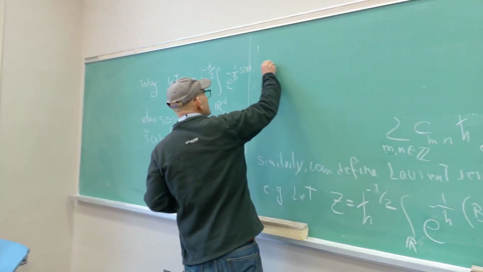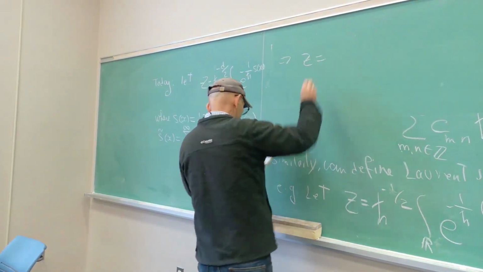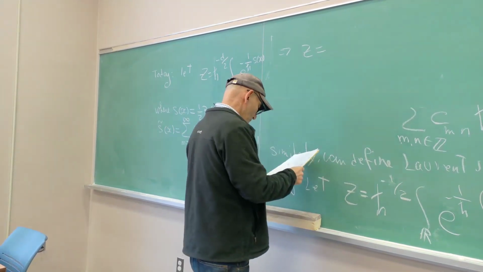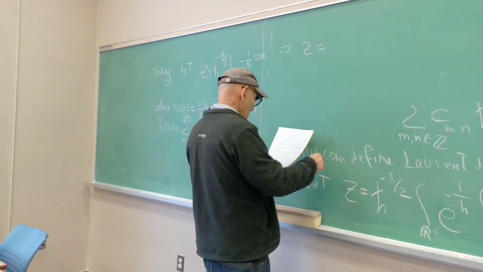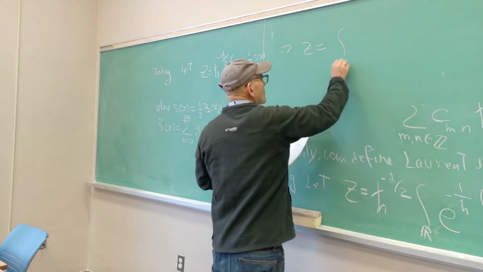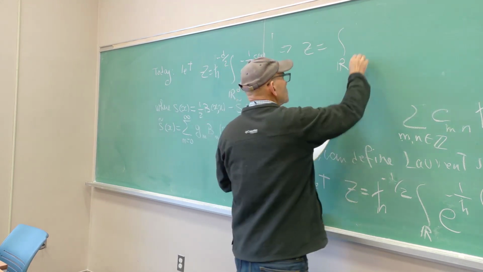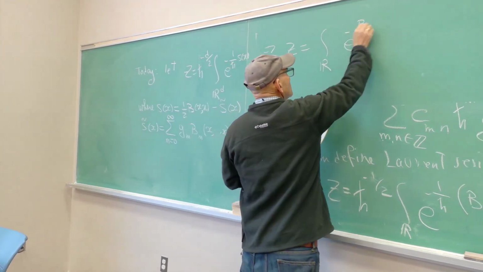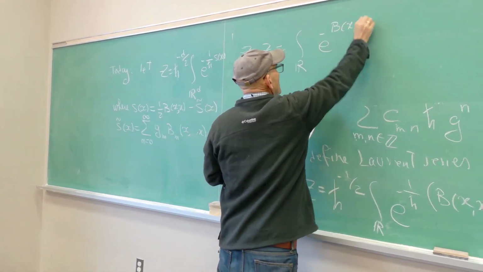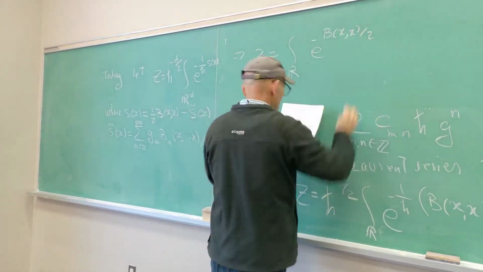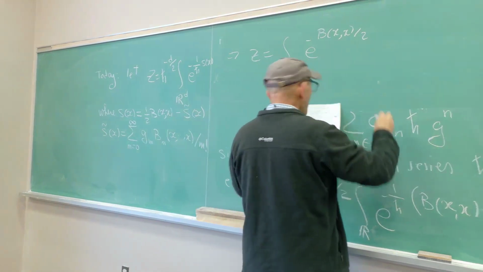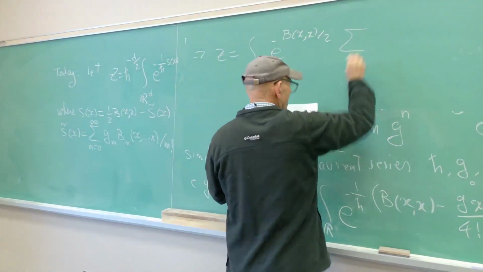Then Z becomes equal to something like this: integral over R, exponential of minus x squared over 2.